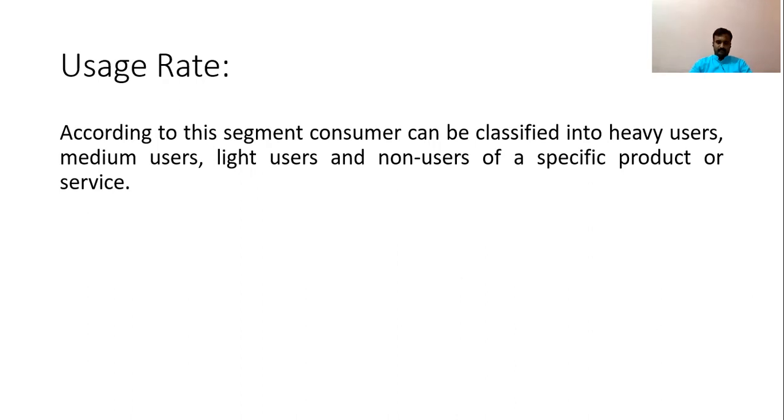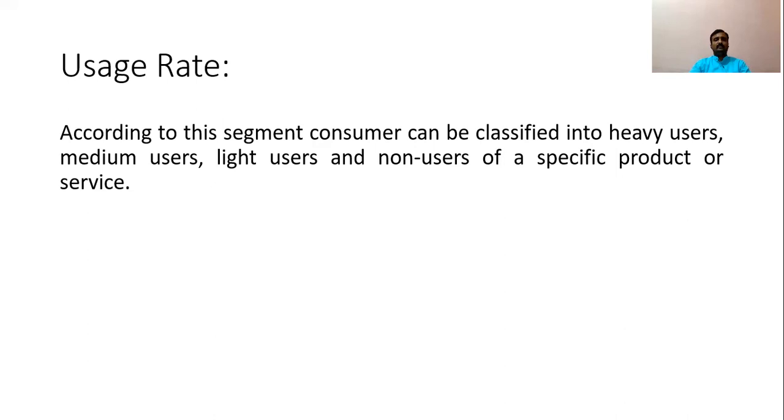According to this segment, consumers can be classified into heavy users, medium users, light users, and non-users of a specific product or service. This is called usage rate: how often a consumer is going to use the products or services. Heavy users means a large number of consumers are available for the product or service.